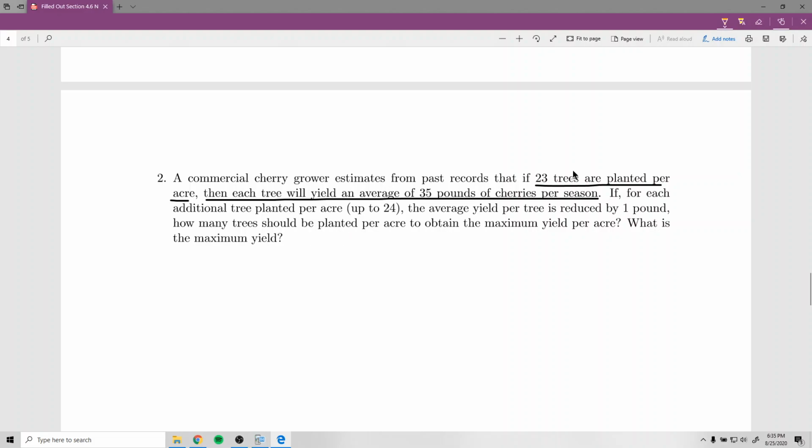And then if for each additional tree planted per acre up to 24, the average yield per tree is reduced by 1 pound. How many trees should be planted per acre to obtain the maximum yield per acre? And then also, what is the maximum yield?